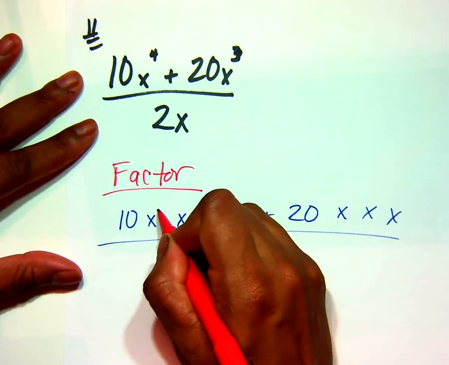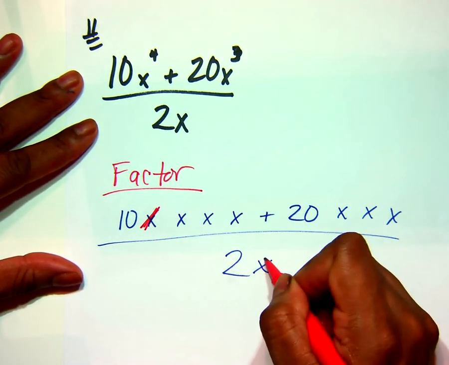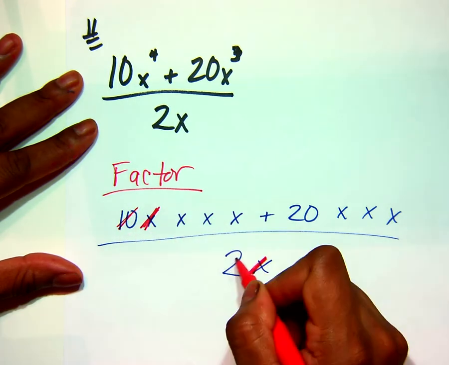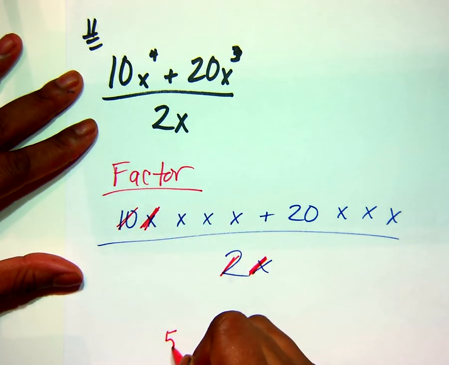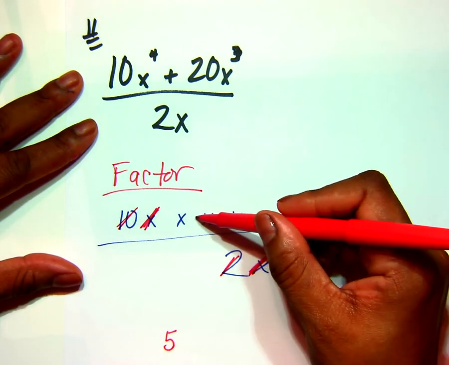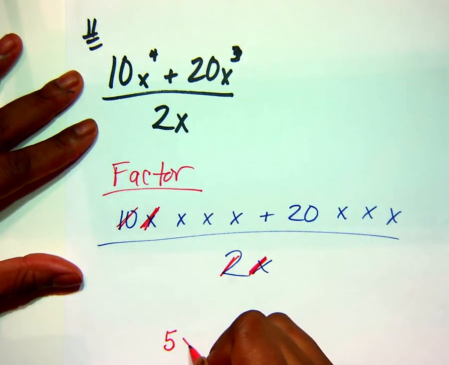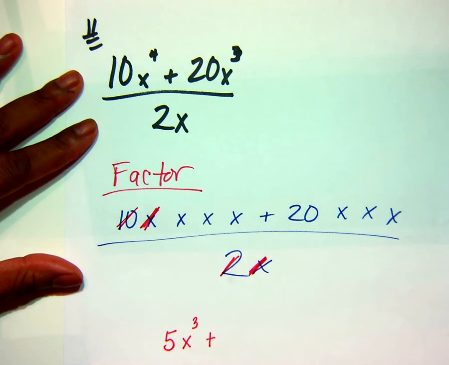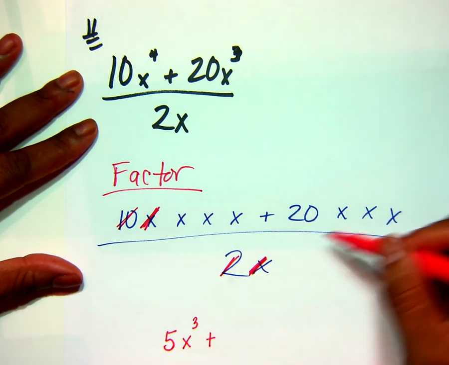So with the first part, I can factor out an x because it got 1 on the top and 1 on the bottom. We know that 2 can go into 10 5 times. But notice how many x's you have left. So that would be x to the 3rd. Bring down your plus sign. This same 2x can go into this one as well.